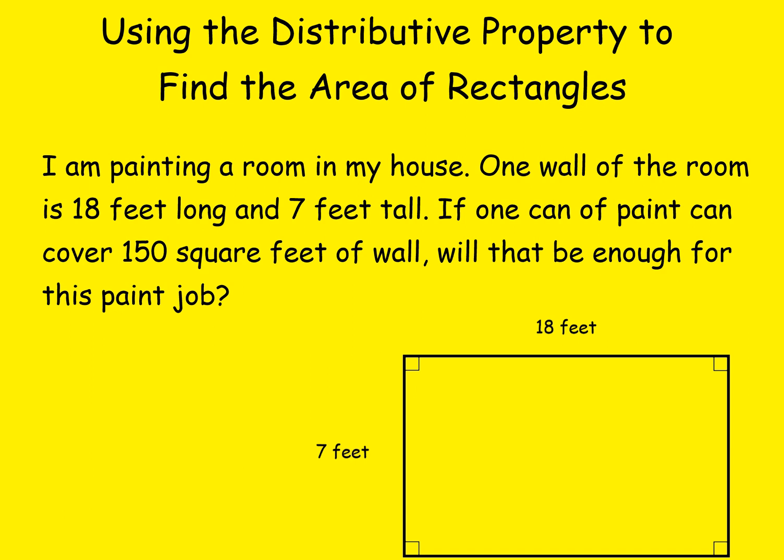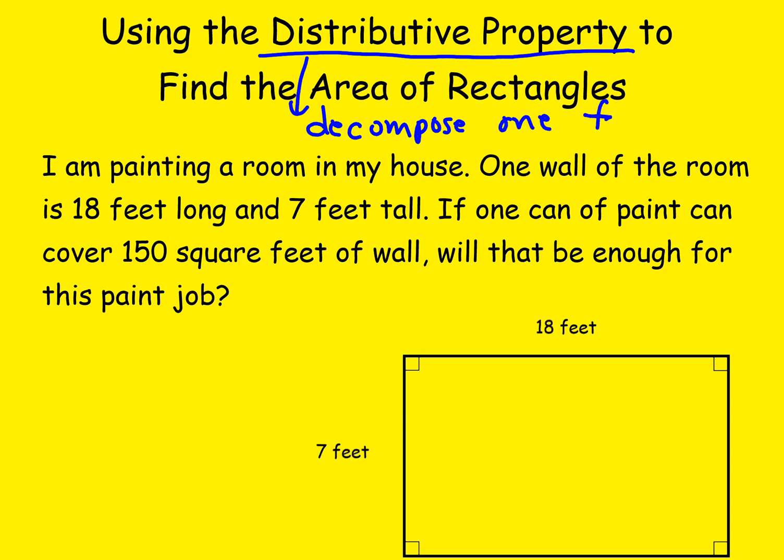So here's another example. Again, we're going to use that distributive property. And a reminder, the distributive property means we are going to decompose one of the factors. I am painting a room in my house. One wall of the room is 18 feet long and 7 feet tall.